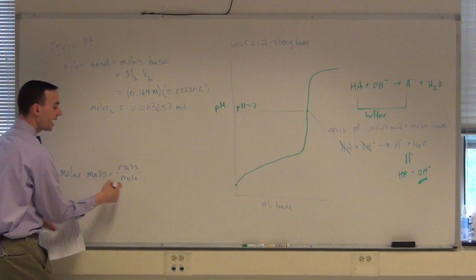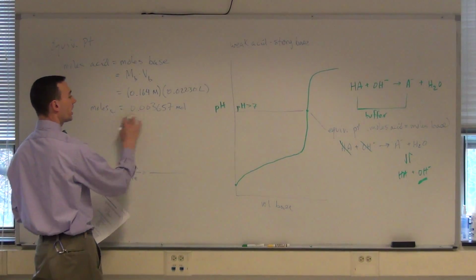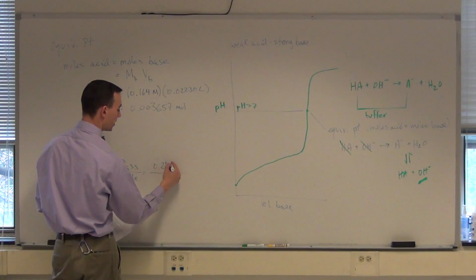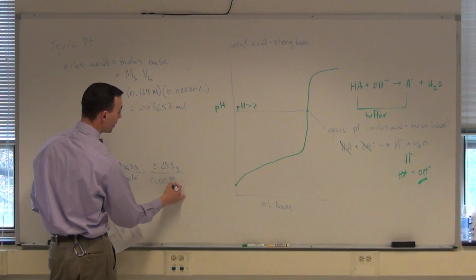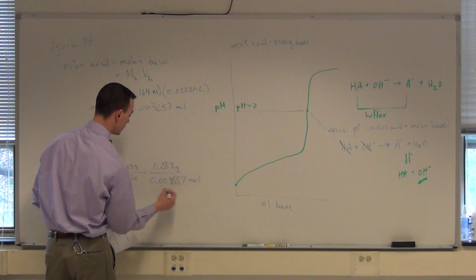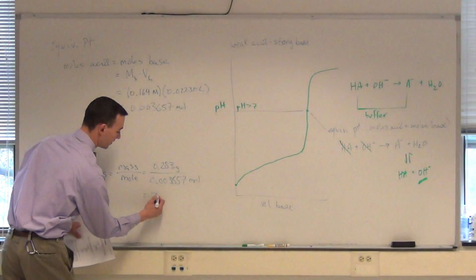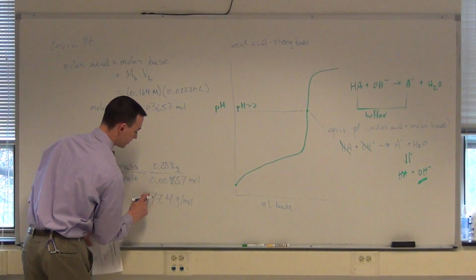Thus, the molar mass of our acid can be found by taking how many grams this sample was. So we used 0.283 grams, and it's now divided by, we know it to be 0.003657 moles. So the molar mass of this unknown acid is 77.4 grams per mole.